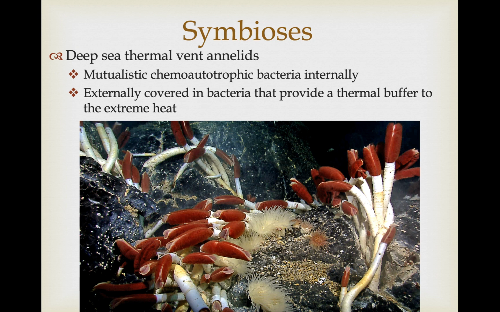It's mutualistic because they're providing the bacteria a place to live, but they're also paying rent by the chemoautotrophic actions of converting the sulfur and other compounds coming from these deep sea volcanic vents into food sources that the worms can eat. It turns out that one of the ways that they can resist these high temperatures at these vents is also by incorporation of other bacteria in a sheath around their body to provide basically a thermal buffer to the extreme heat.